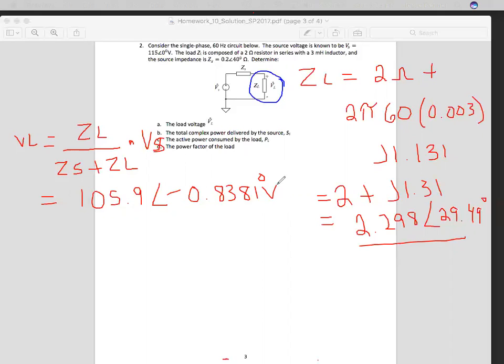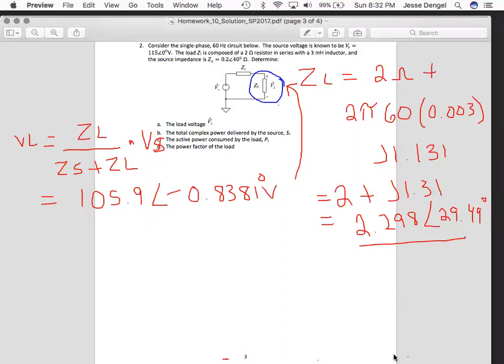That is our value if you would stick your probes on either side of this load.